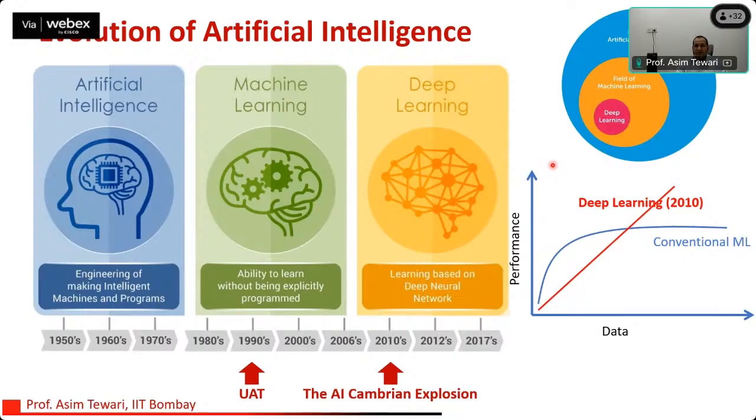And that is where the next revolution of AI started. This is also what we call the Cambrian explosion of AI, where the rate of evolution of AI suddenly increased many, many fold. This is a turning point in the history of artificial intelligence, because with the advent of deep learning and the universal approximation theorem, your AI is able to learn everything.